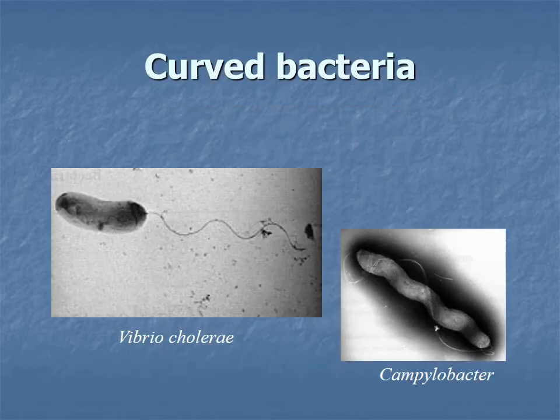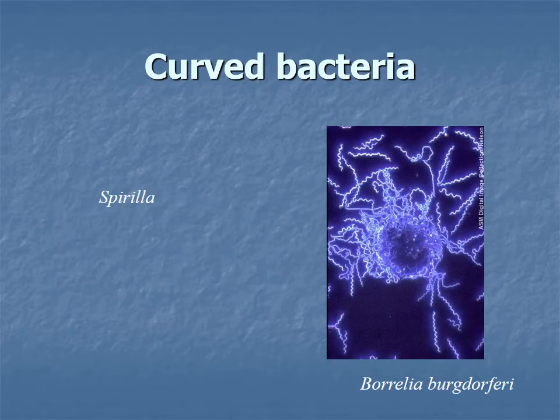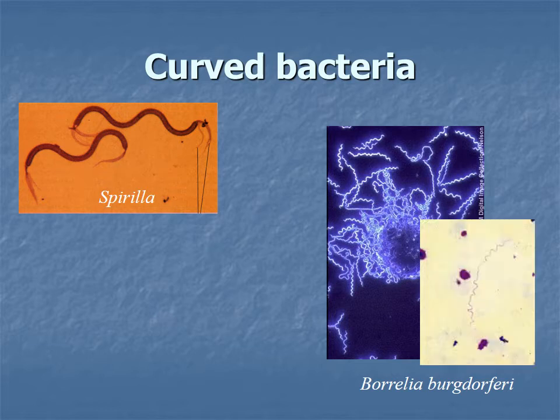Curved bacteria: the left part is Vibrio, just slightly curved, Vibrio cholerae, and corkscrew Campylobacter. Curved bacteria, Spirilla and Borrelia burgdorferi, a member of the order Spirochaetales, so it's a flexible corkscrew microorganism.